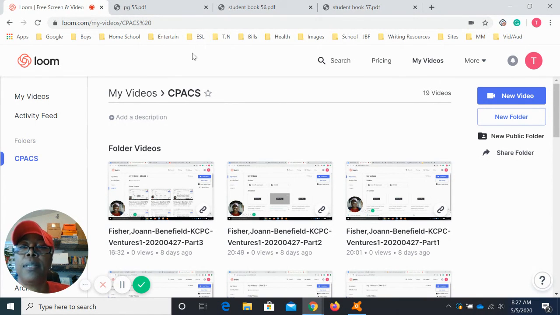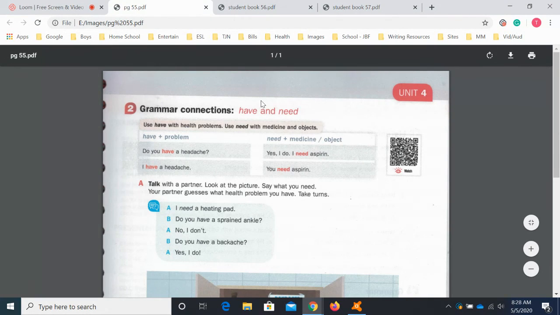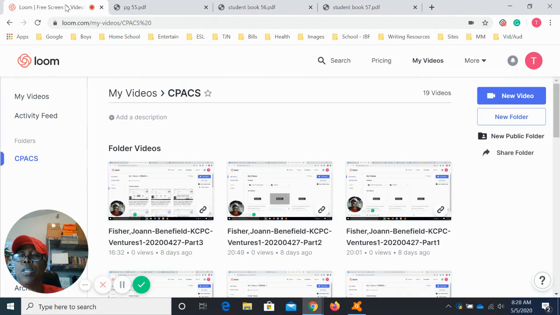In the student book, we are going to start this lesson on page 55. And in this unit, we've been talking about how to talk about health problems when you go to the doctor's office. This is also helpful for talking to the doctor, but it's also helpful for when your child is talking to you.